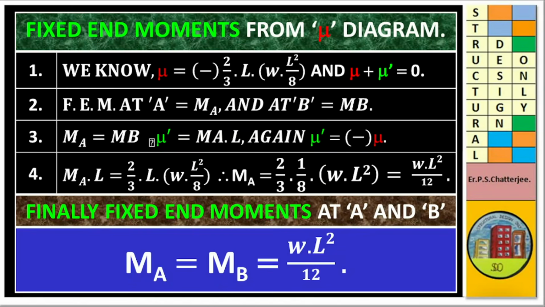Therefore, MA is equal to 2/3 into 1/8 into WL square, that is WL square by 12. So finally, we have fixed end moment at A and B: MA and MB are equal to WL square by 12.